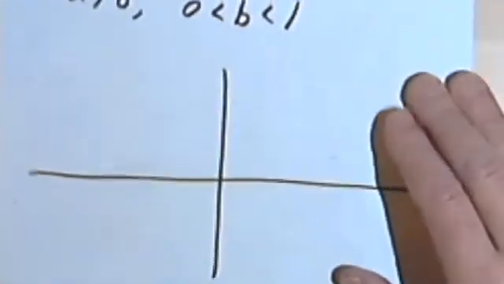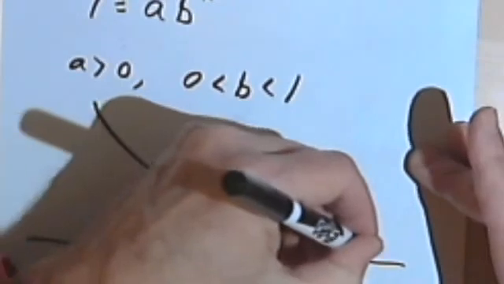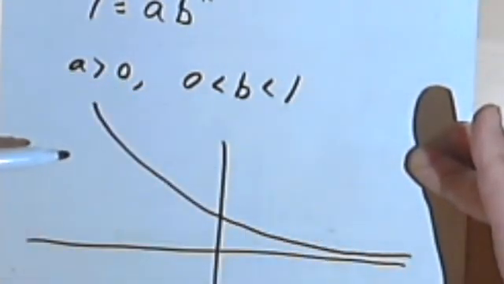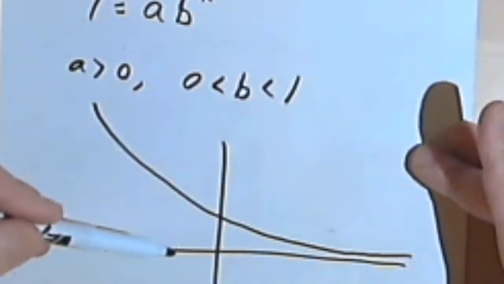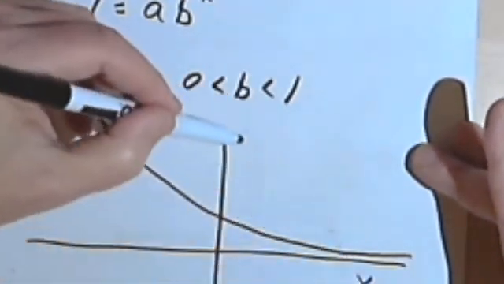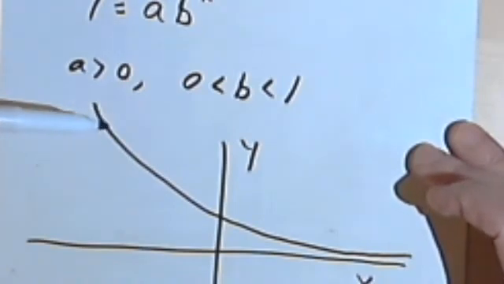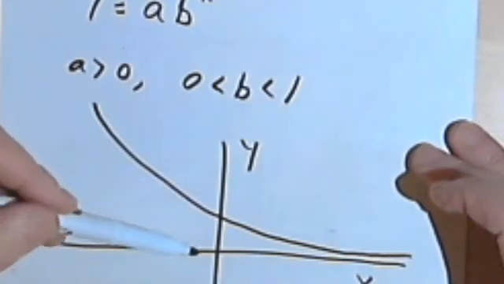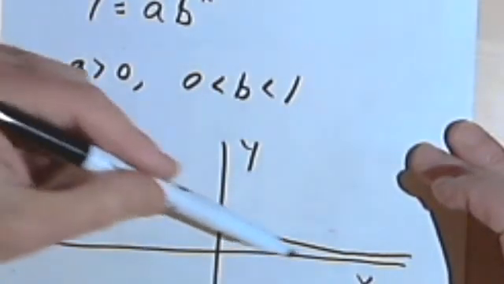Well, remember when we have a fraction as the ratio, as the b, we get a graph that decreases in value as it goes from left to right. It's still above the x-axis. It still has the same domain, negative infinity to positive infinity. That will always be the case. And it still has the same range, from 0 up to infinity, but it's constantly decreasing.